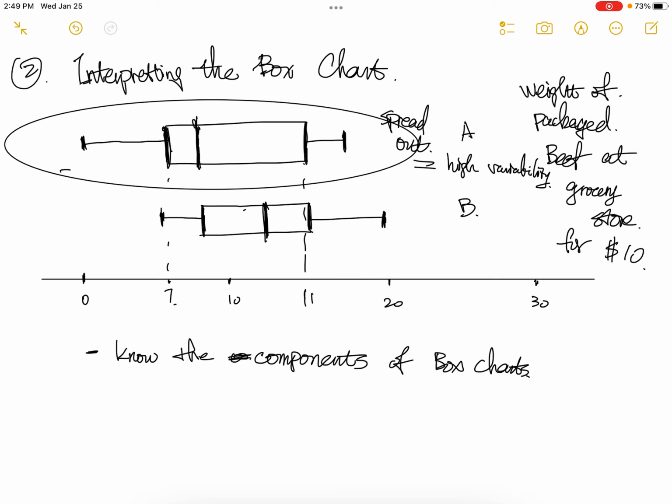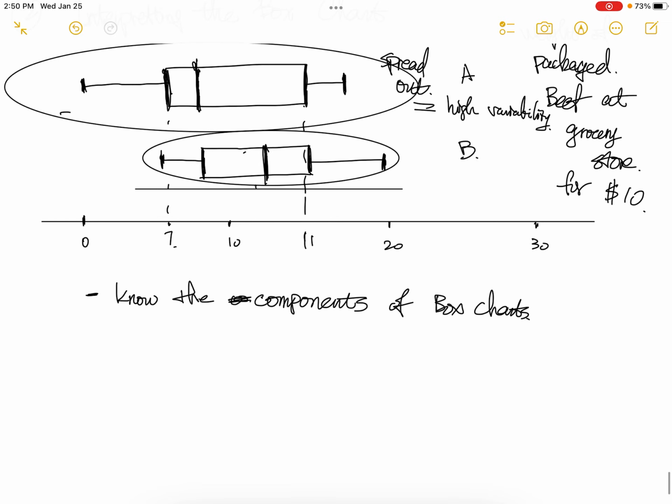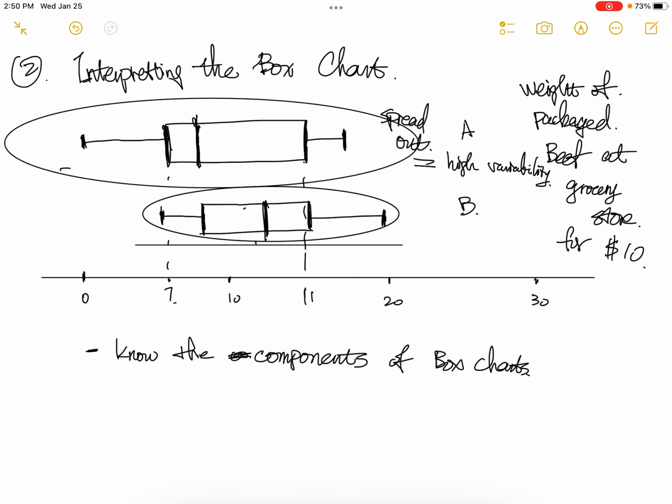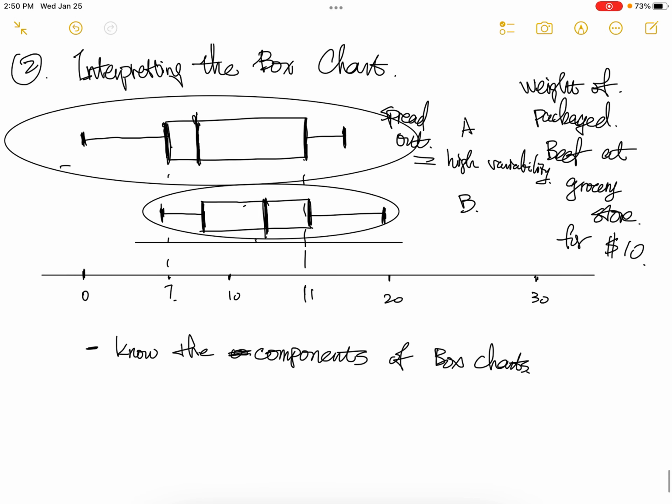And then same with the grocery store B. But the better thing with grocery store B is that we can see that this box chart is a lot narrower than that of grocery store A, meaning that there's less variability here for grocery store B, meaning that the weight variability for the packages that you get is small, right? Also, if we take a look at the absolute values, the median for store A is here, and the median for store B is here, which is higher.